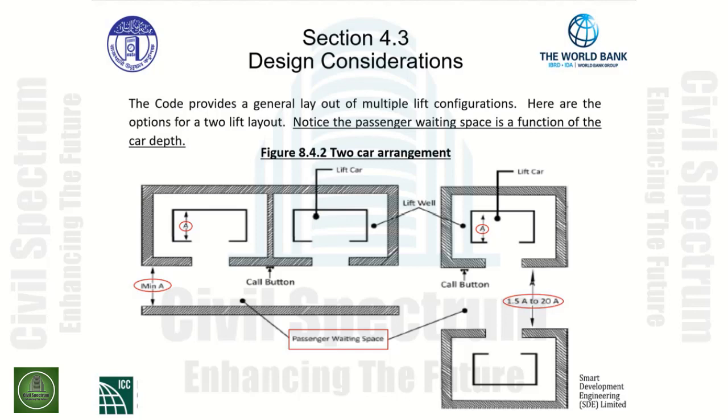The arrangement to the right shows two lifts, one in front of the other, is given to us at 1.5 times the depth of the car to 2 times the depth of the car, which is given as the dimension A in this particular situation. This would drive the minimum distance between the lifts for the passenger waiting space.